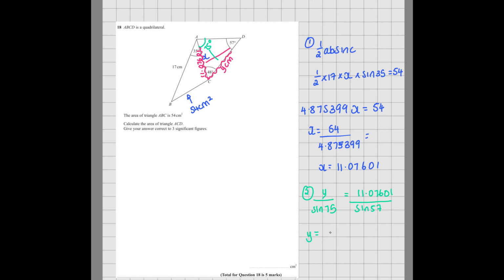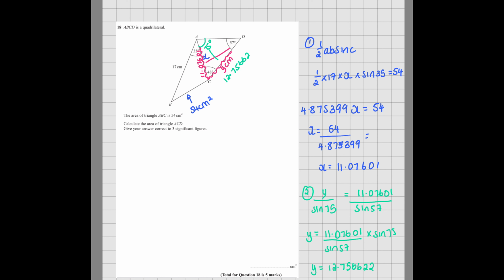Now rearrange, y equals 11.07601 over sine 57 times sine 75. And if I type that into my calculator, I will get y equals 12.756622.